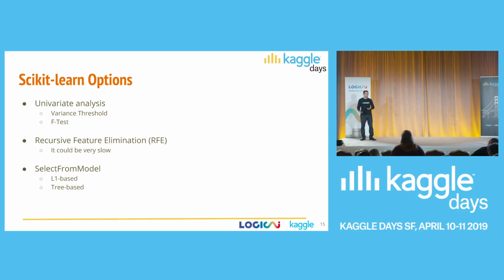There we also have another option, which is SelectFromModel, where you pretty much train a model, usually a linear model or a tree-based model, and then you have access to the feature importance of those techniques, and that helps you select the number of features that you want to use. Of course, this can be a little bit biased, because if you build a decision tree model as your selector for feature selection, that particular set of features might work for that particular type of model, but might not be very useful for, let's say, a neural network.